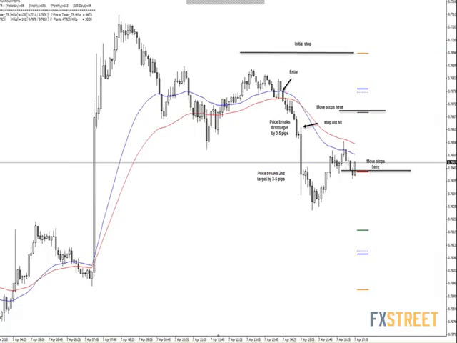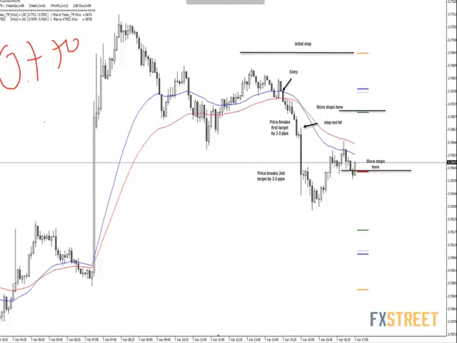Okay? This is also the example on Australian dollar. This example is actually an example from today. If you followed my analysis of Australian dollar on weekly Forex recap with other markets, you could have seen that I have made an analysis to sell Australian dollar at 1.7700, and you could have made 30 to 40 pips.